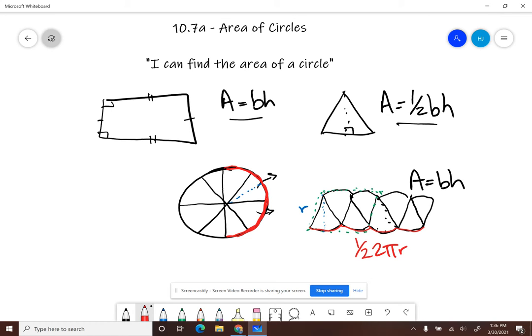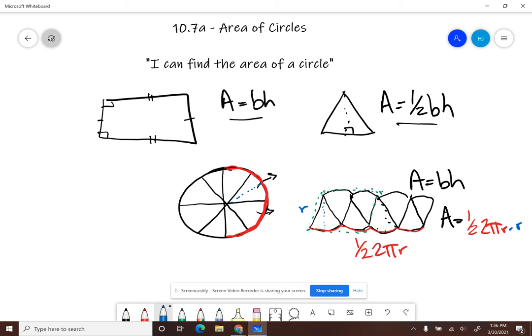So when I take area equals base times height, what I really have is area equals 1/2 of 2 pi r times h, or times r, sorry, which is my height.